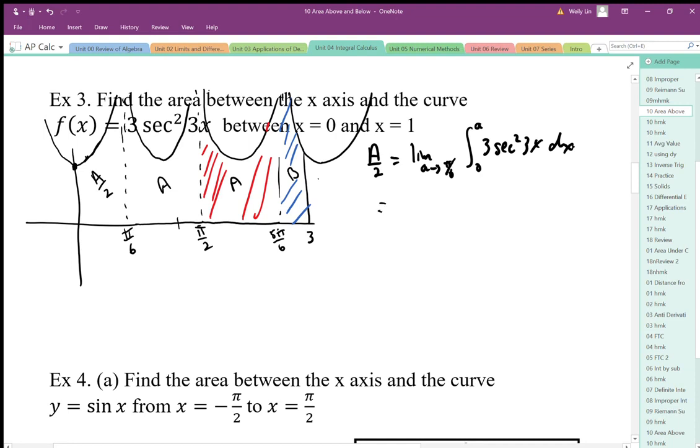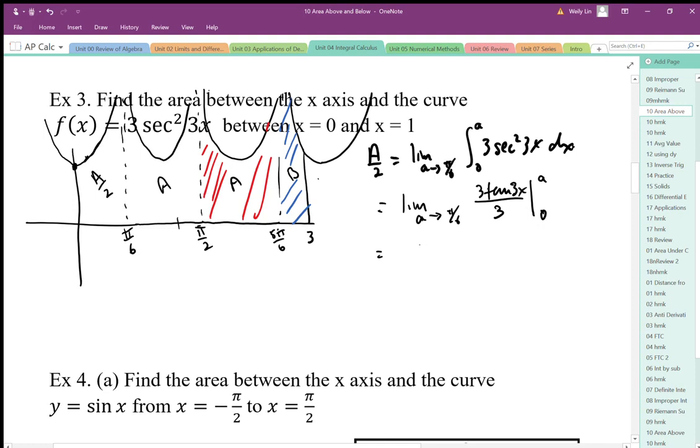The antiderivative of this is going to be tan 3x divided by the 3. So we're going to end up with the limit as A goes to pi over 6, and it's going to be 3 tan 3x divided by 3, so the 3's cancel out, from 0 to A. And then I'm going to plug in the A value here.